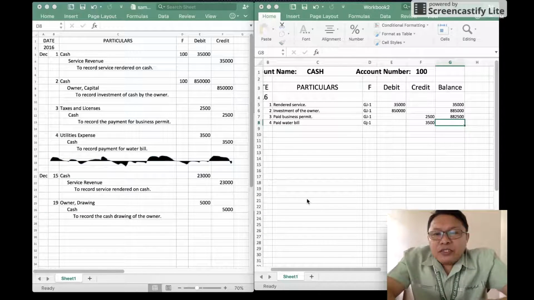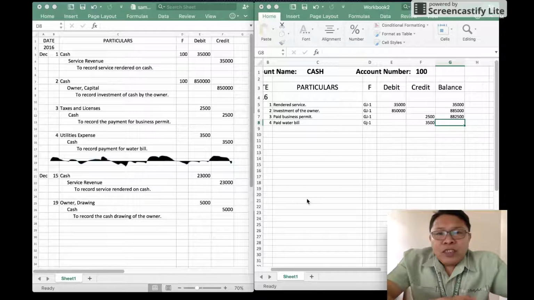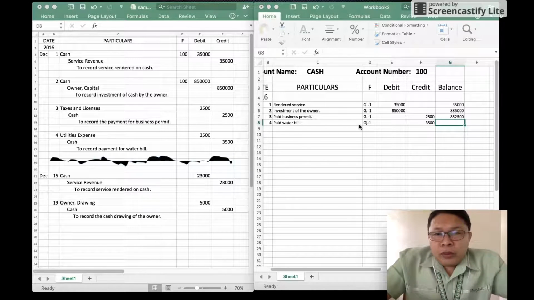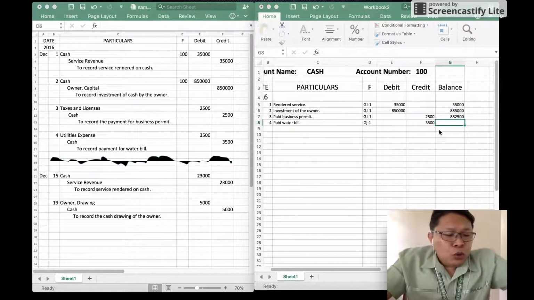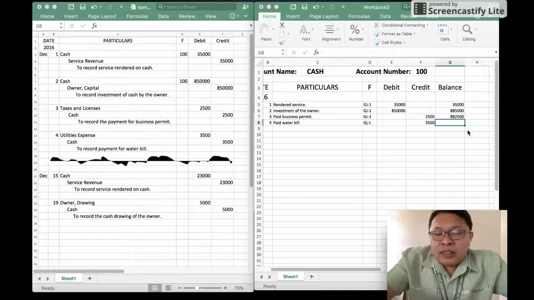Okay, this is a continuation of the previous video about the posting. This is transferring the record from the general journal to the general ledger. We are now on the fourth transaction which we recorded as payment for the water bill. The amount is credited with 3,500, and therefore this 3,500 must be deducted from the existing balance of 882,500, which is a debit balance.